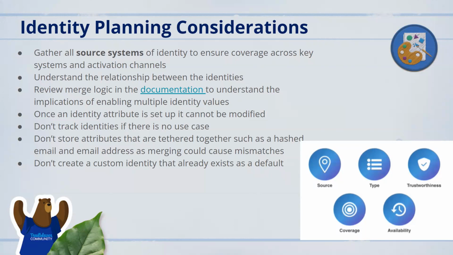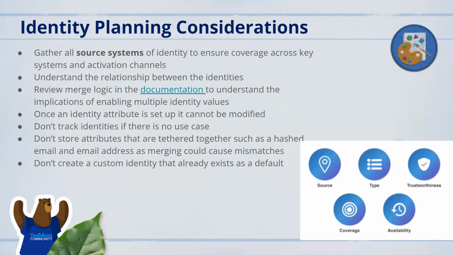And it's also important to note that once you've created an attribute, there are no modifications that can occur. So again, it's important that planning is complete before creating new identity attributes. And likewise, just adding additional identities can cause unintended consequences to merging.